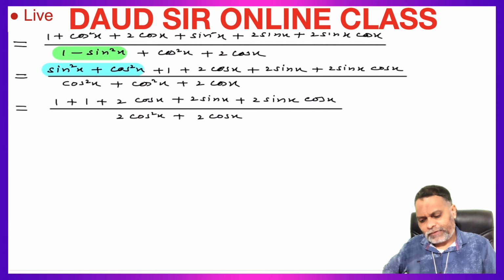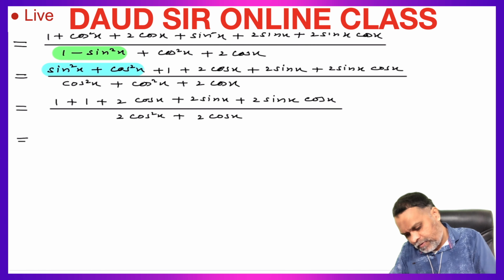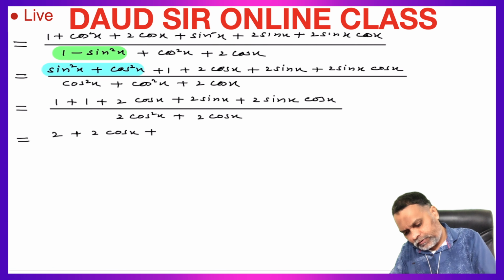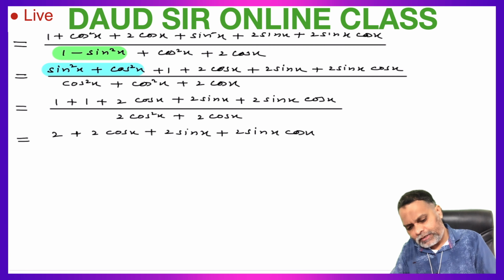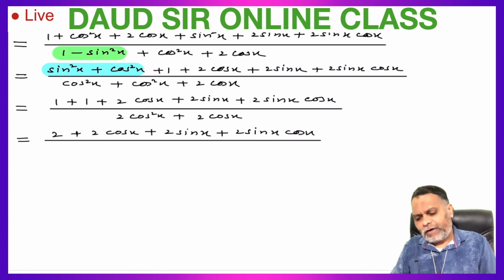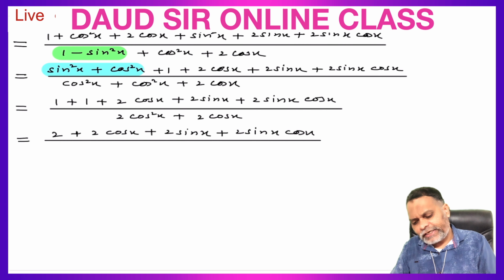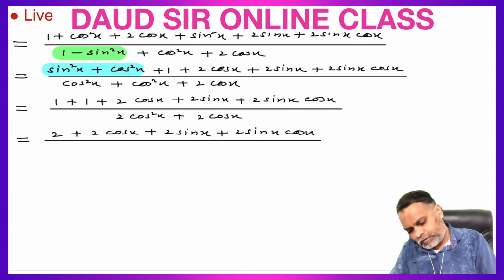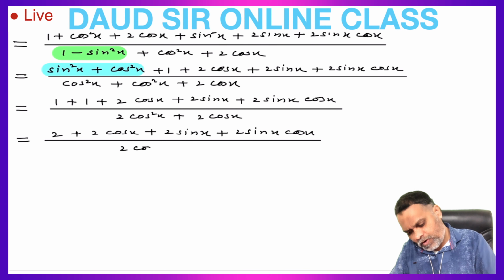Now simplify this further, which is equal to 1 plus 1, 2, plus 2 cos x plus 2 sin x plus 2 sin x cos x, upon, here we can take out 2 cos x common. So 2 cos x common, so here 1 cos x left and plus 1 left.